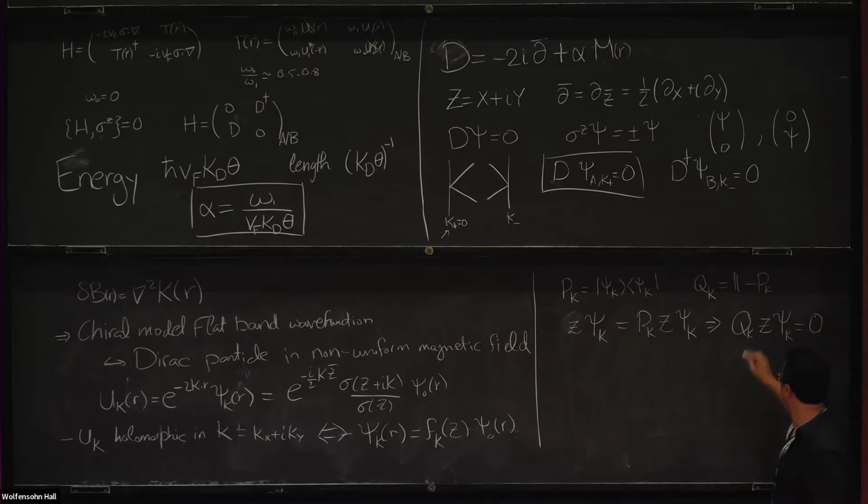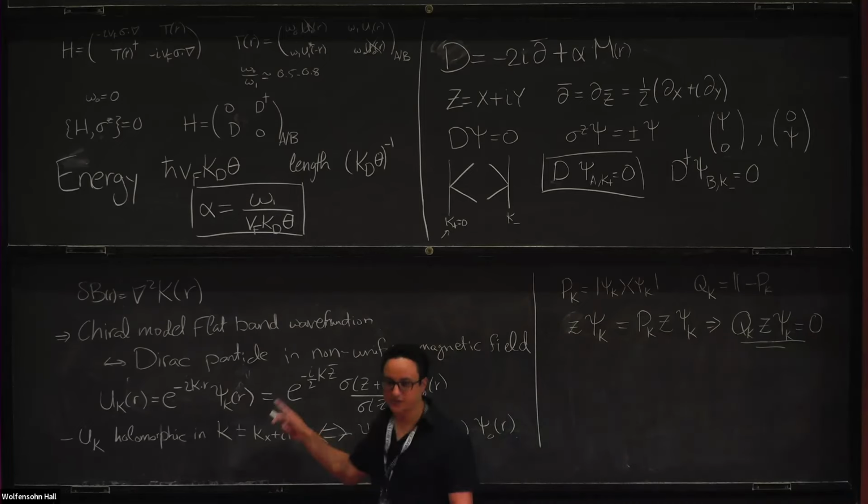So I now want to show that this both implies holomorphicity and is implied by holomorphicity. Let me start first by assuming that U of K is holomorphic.